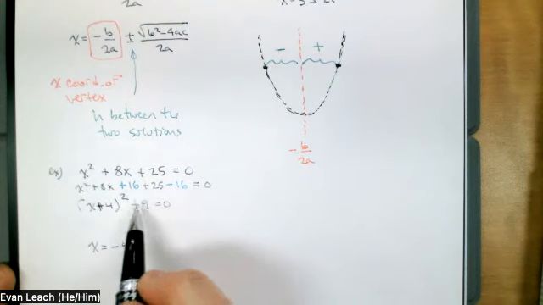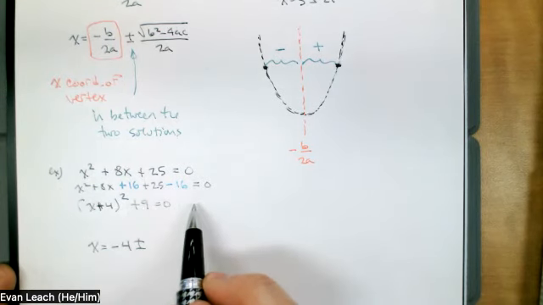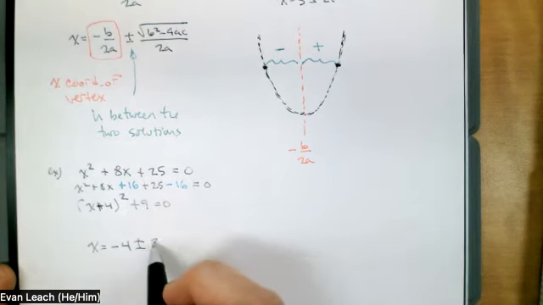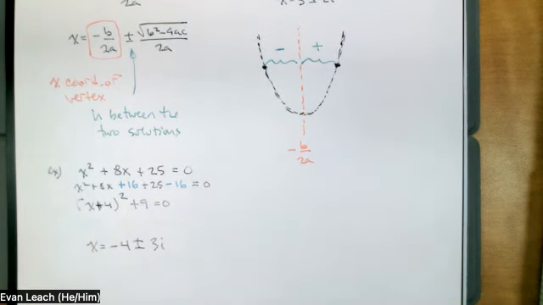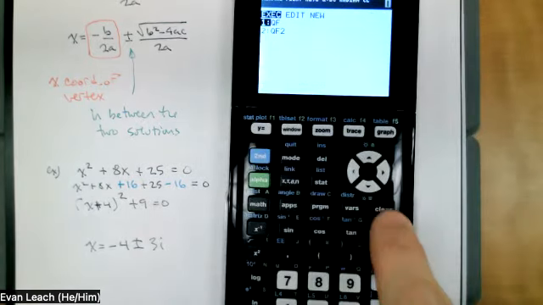Now that I've got this plus 9, I know I'm going to have the square root. This is going to go over here and then get square rooted. So plus or minus 3i. And we'll check if it went right.